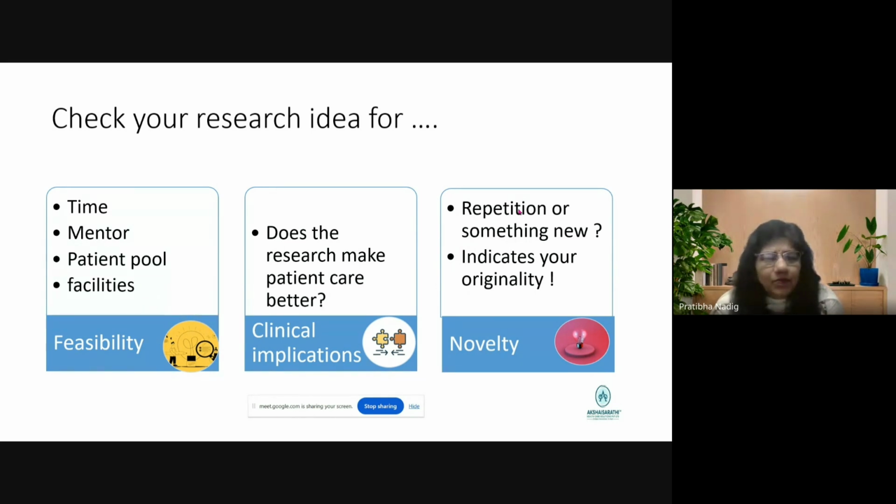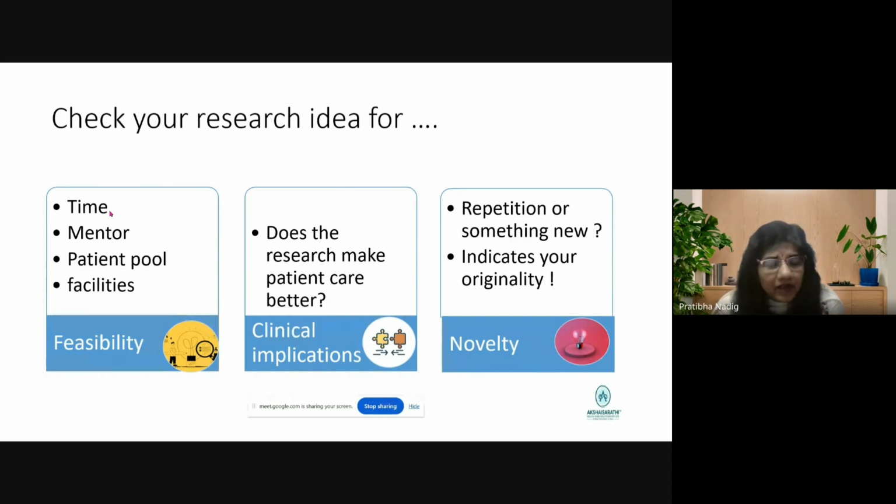For faculty, no problem, you can take it up. But if it is for students, the guide should think about whether this topic can be given to the students. So feasibility it is called, whether we have enough patient pool and facilities in the given time. A student cannot get more than 4 to 6 months. However, our students have carried it to second year and third year.